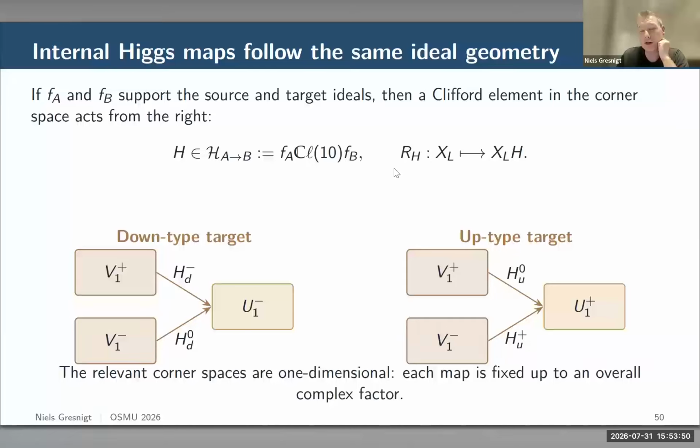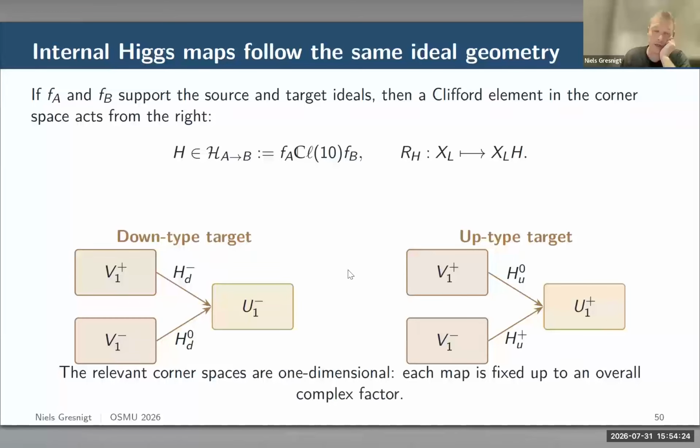And we can do this via a right action, just like we did for the weak gauge symmetry, the SU2. And so then here in the diagram, we can see that for the down type targets, we can look at the isospin up and the isospin down sectors, and we can map both of them into one of the singlet sectors. And we can do the same if we want to map it into an up type target, into the other singlet sector.